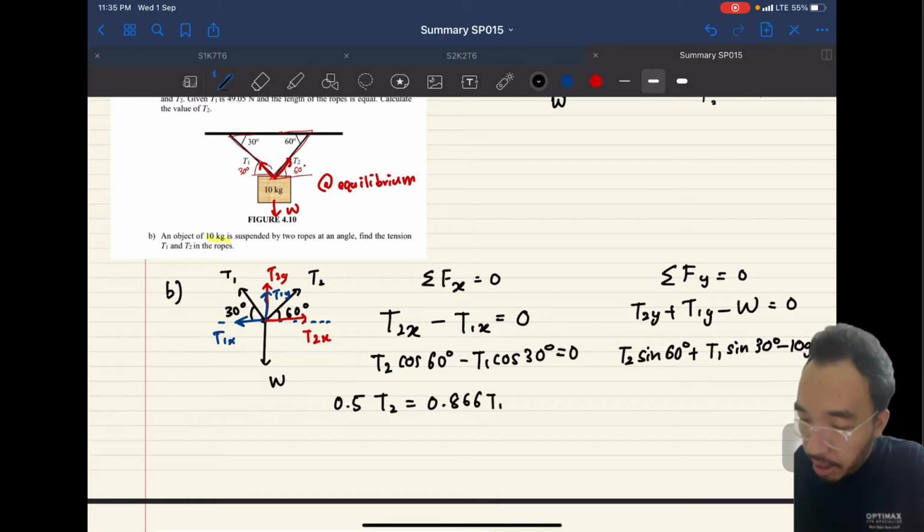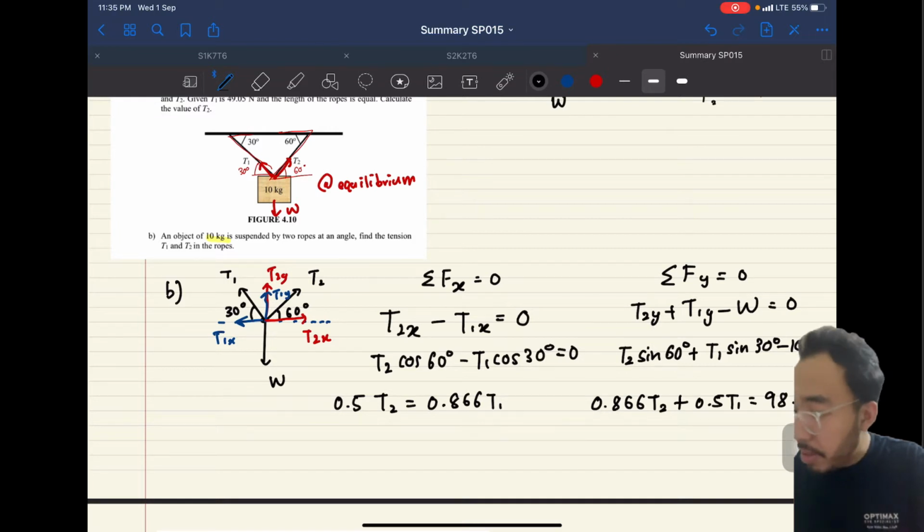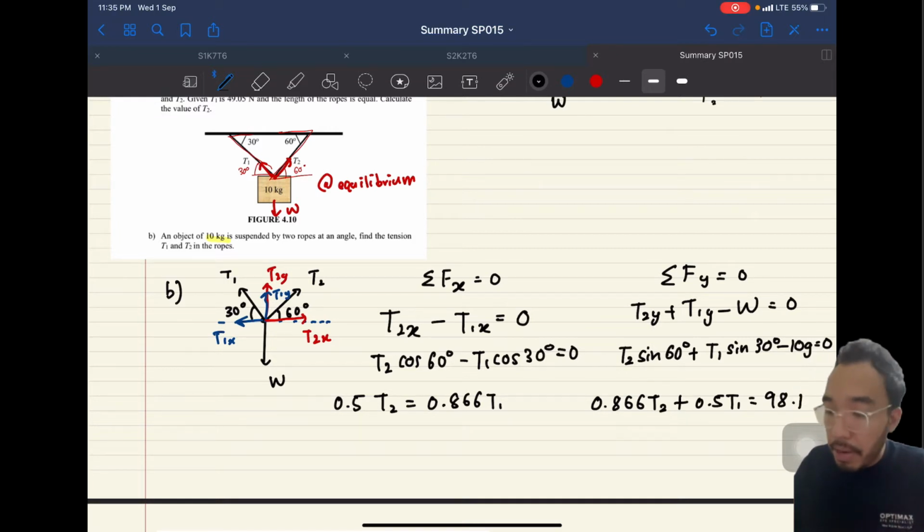Okay, and I can do the same over here. So sine 30 now would be 0.5, and sine 60 will be 0.866 if I'm not mistaken. Yes, it will be 0.866 T2, plus 0.5 T1 equals 98.1, which is basically 9.81 multiplied with the 10.